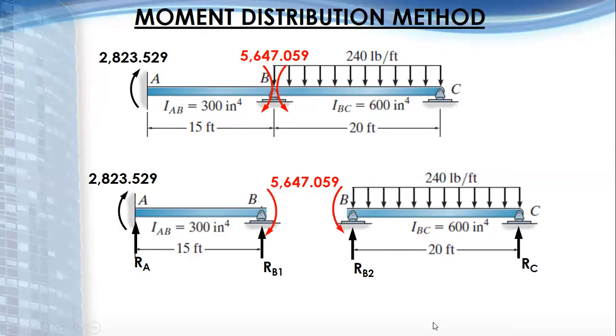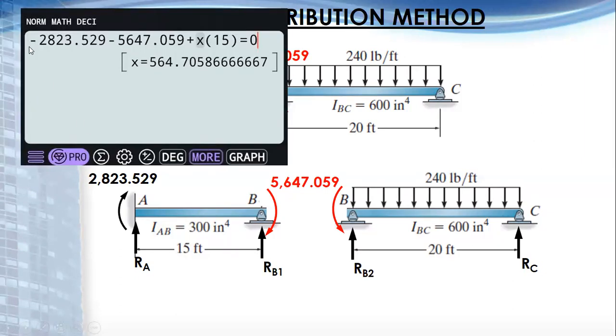Okay. So, starting with member AB, let's sum up moment about A. And this one is clockwise, that's negative. So, ang convention na to, in summing up moment is counterclockwise, positive. So, since clockwise ni negative, clockwise negative, and then RB1 positive. We have this one. Negative 2823.529 minus 5647.059 plus RB1 times distance 15.